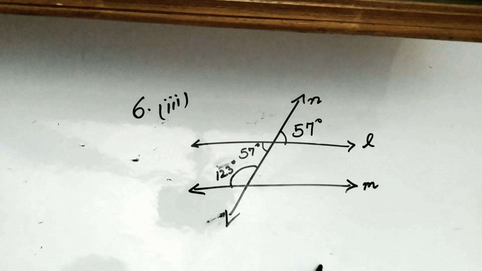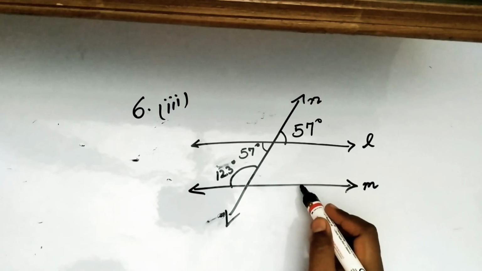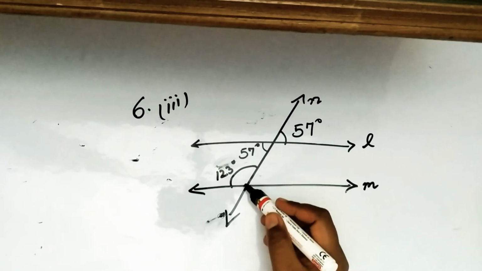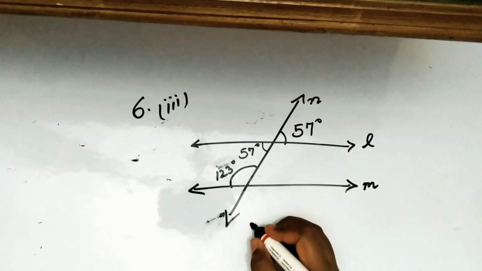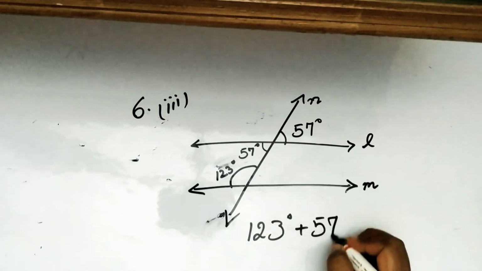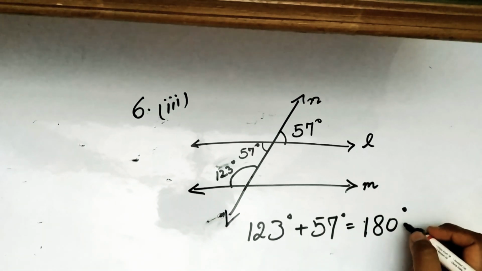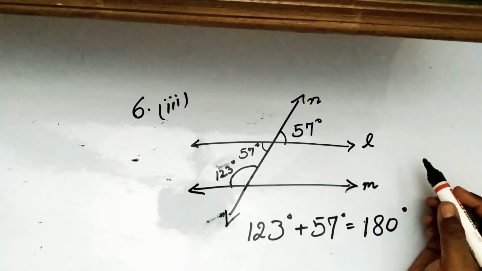Now the third property says when a transversal cuts two parallel lines such that the pair of interior angles on the same side of the transversal are supplementary, then the lines are parallel, right? So according to that, 123 plus 57 should be equal to 180 degrees. If 123 plus 57 is equal to 180 degrees, then we can say L and M are parallel.